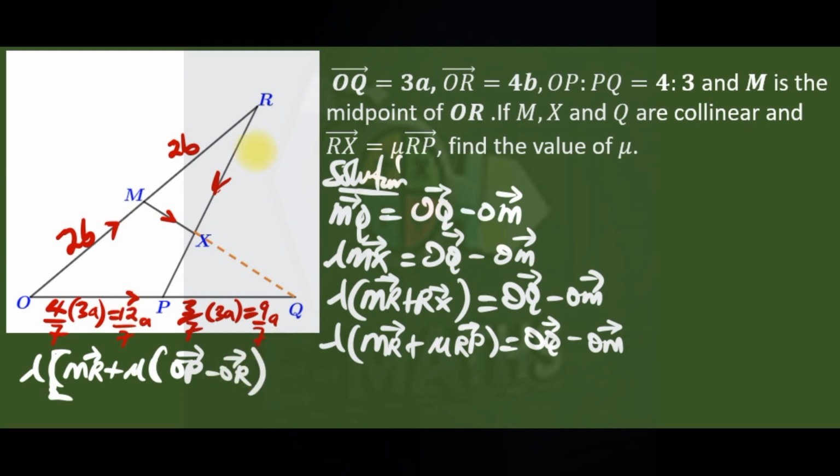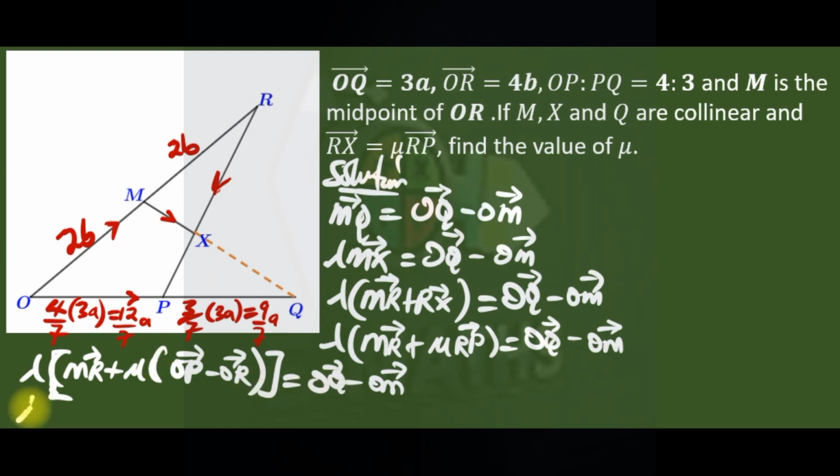As you can see, for us to get RP is OP minus OR, is equal to OQ minus OM. Okay, from here is there any unknown? Okay, we can substitute the values now.